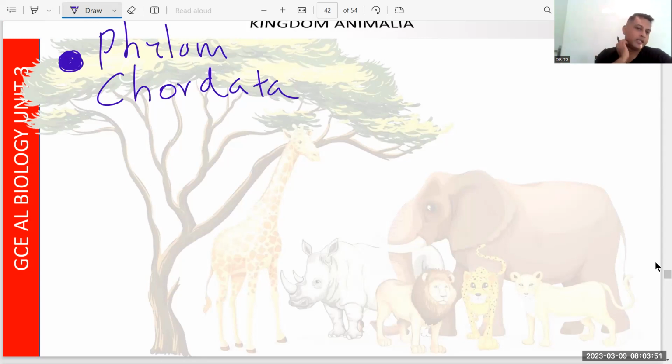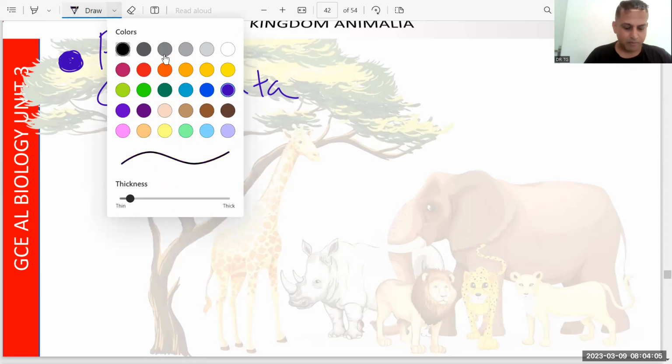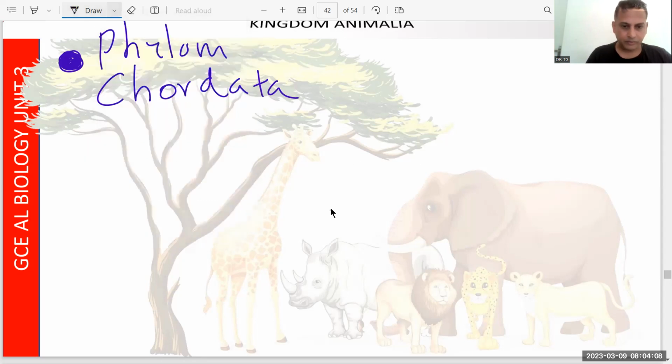Now, here we're going to learn something specific only for Chordata. So we will try to draw a stage of embryonic development. Here this opening, blastopore, develops into the anus, and the anus is the end of the digestive system.